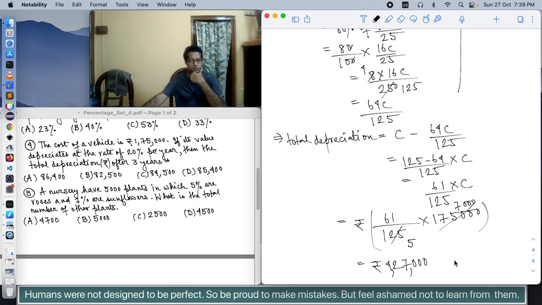So the total depreciation after 3 years is 61 by 125 multiplied by 1,75,000. 25 cancels 125 with 5 and 25 cancels 175 with 7, giving 7,000.